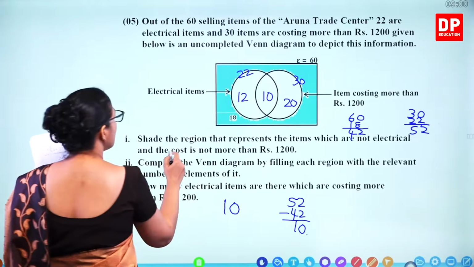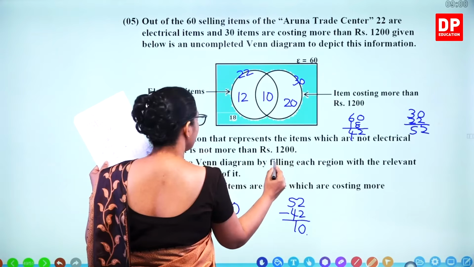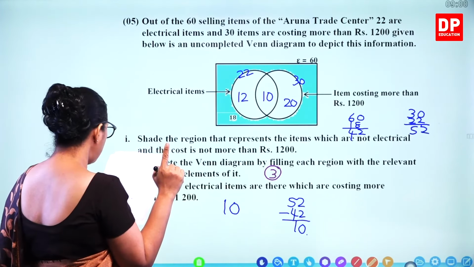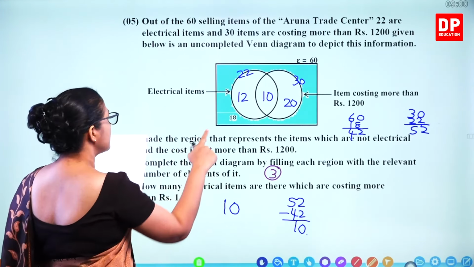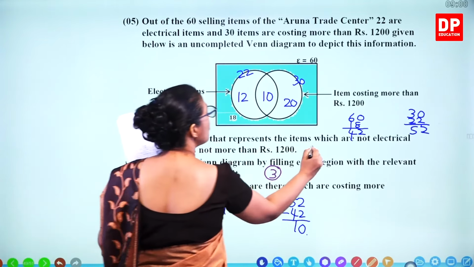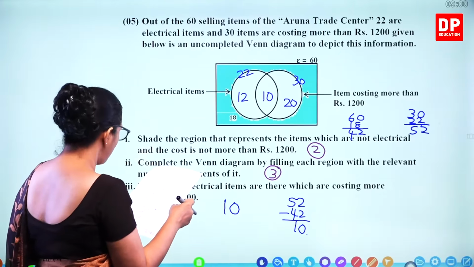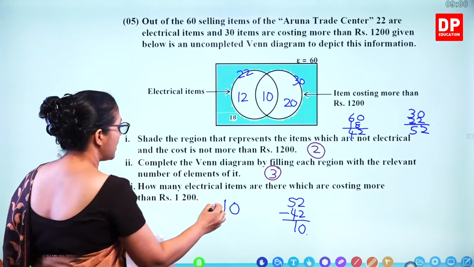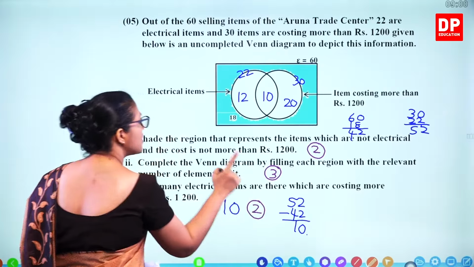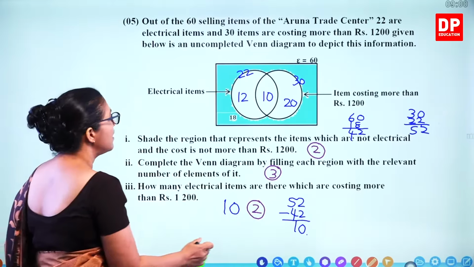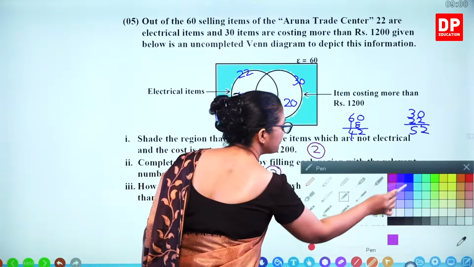So this is 3 marks for part 2. Part 1, shading, this one you get 2 marks. And then third part, finding 10, also 2 marks. 3, 4, 5, 6, 7. So we'll look at the next part.